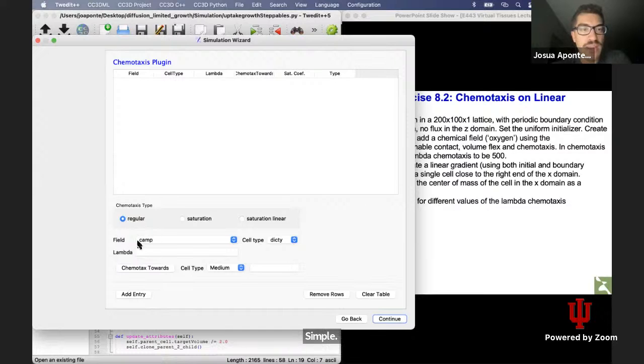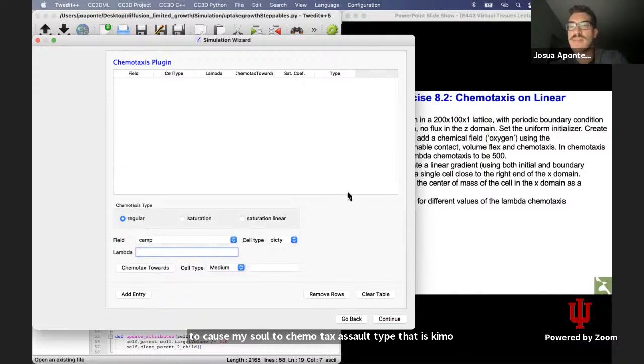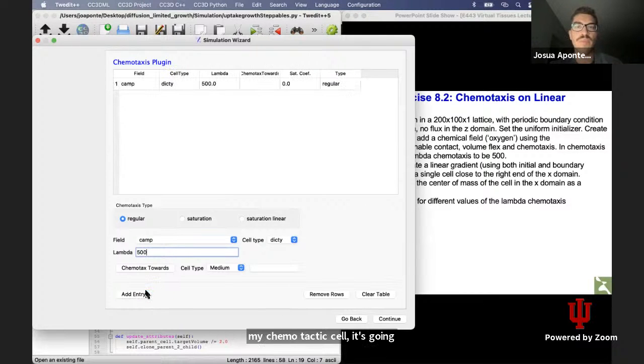And then the field that is going to cause my cell to chemotax, the cell type that is chemotaxing, and then the lambda chemotaxis. Let's set that one to 500. And then this specifies through which cell types my chemotactic cell is going to move.